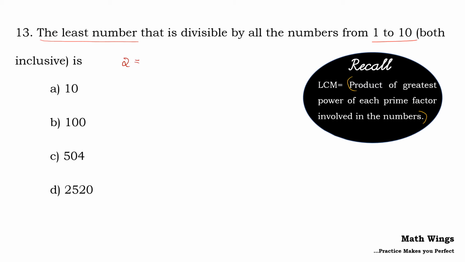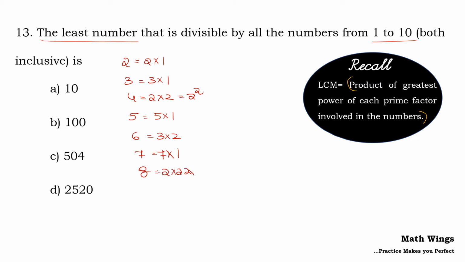So 2 is equal to 2 into 1. 3 is 3 into 1. 4 is equal to 2 into 2, that is 2 square. 5 is equal to 5 into 1. 6 is equal to 3 into 2. 7 is equal to 7 into 1. 8 is equal to 2 into 2 into 2, that is 2 cube. 9 is equal to 3 into 3, which is 3 square, and 10 is equal to 5 into 2.